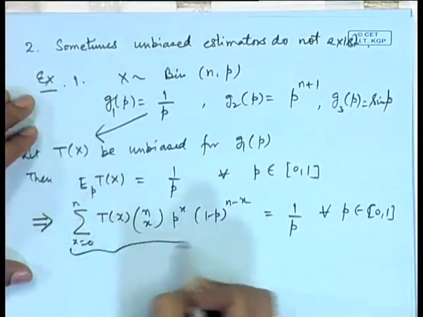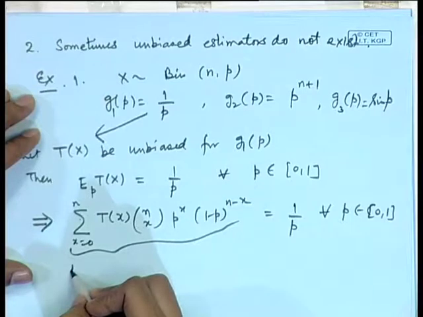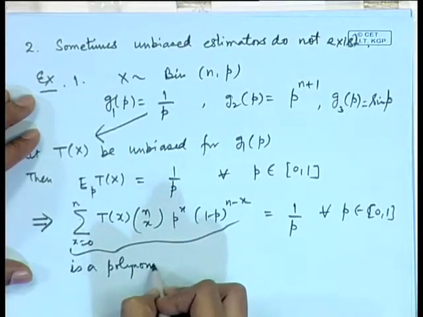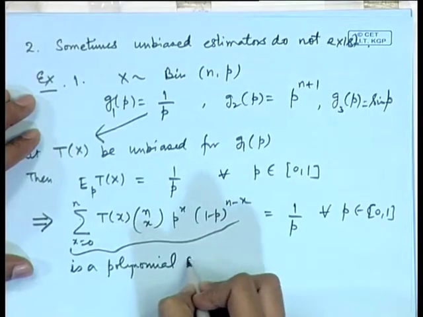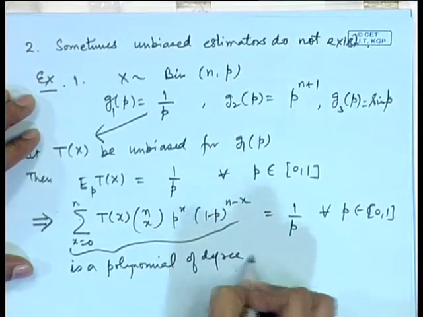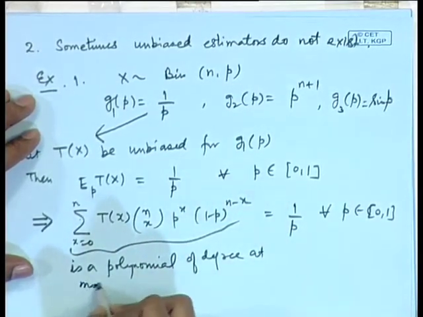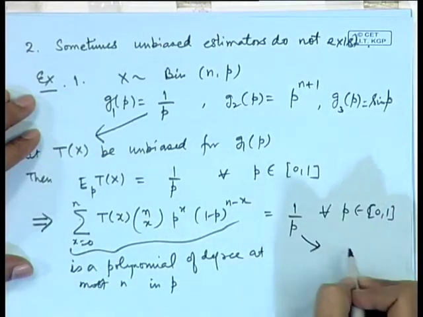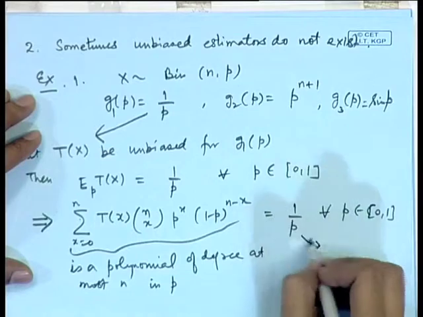Now, the left hand side is a polynomial of degree at most n in p, and this is not a polynomial term at all.